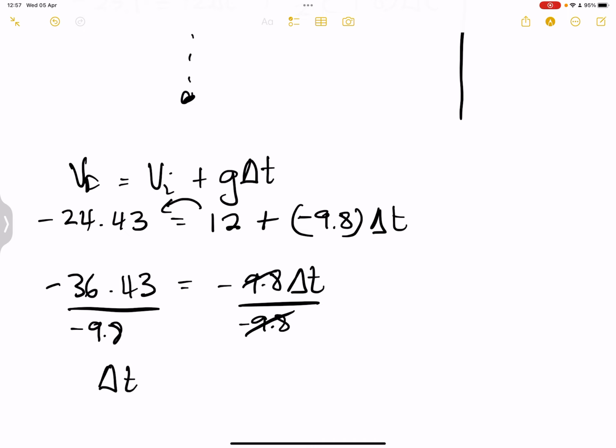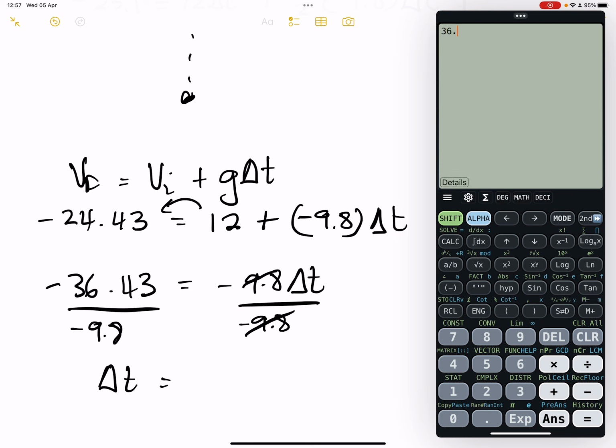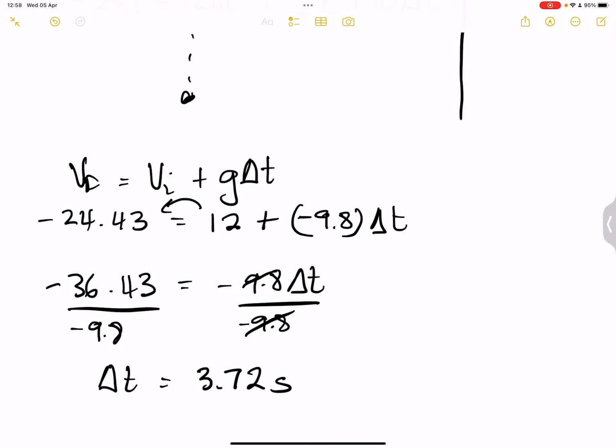And what we have is the following. So that's 36.43 divided by 9.8. And that gives me 3.72 seconds, right? And remember, what were we looking for?